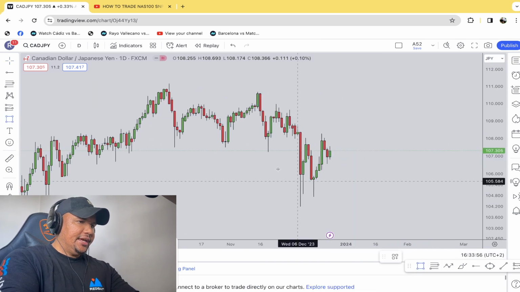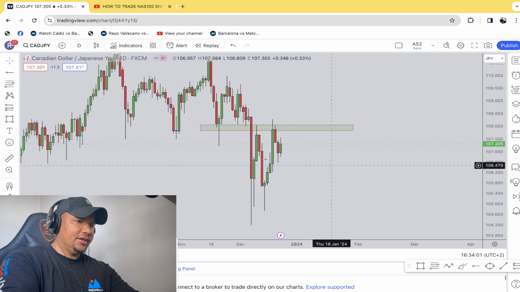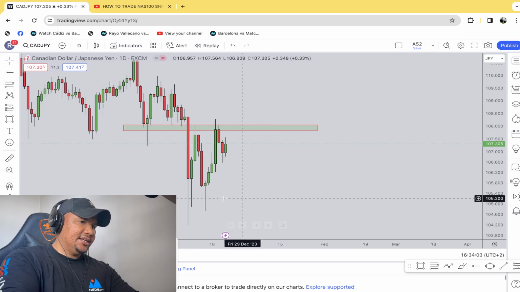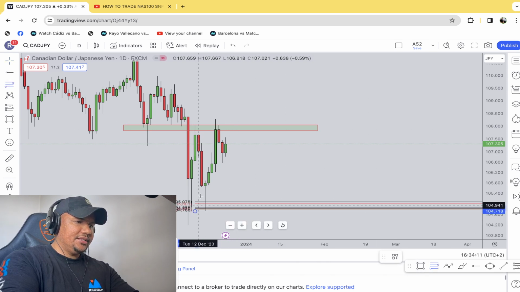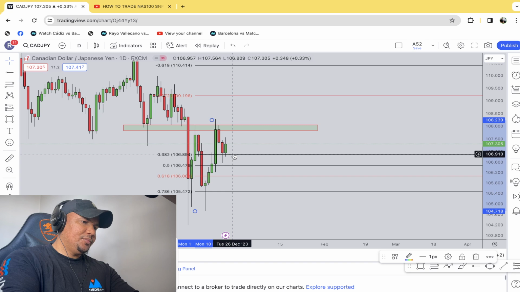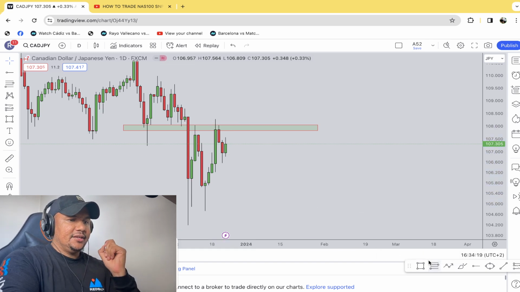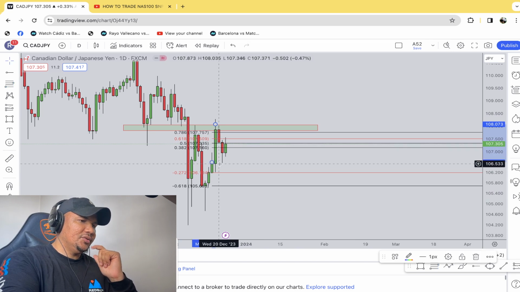Yeah, so okay, if you look left, you can see here we broke below this strong level of support, came back, tested it as a resistance. However, we are in bearish territory still because we are trading below structure, but we do have a massive impulse and we got the start of the correction. If you take the Fibonacci from the low to the high, we can see here we did get a 0.382, but keep in mind that I do see this market continue lower.